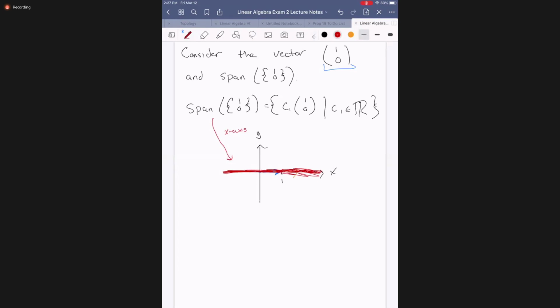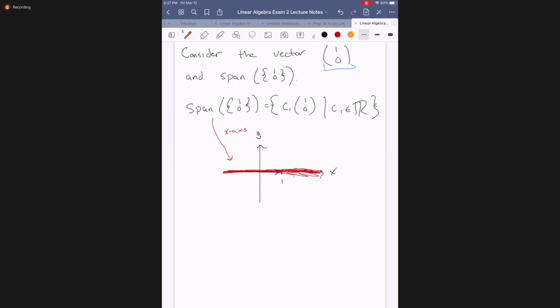Okay, perfect. So now that we have some type of handle on span, let us go on to the notion of spanning set. Remember, look right here.